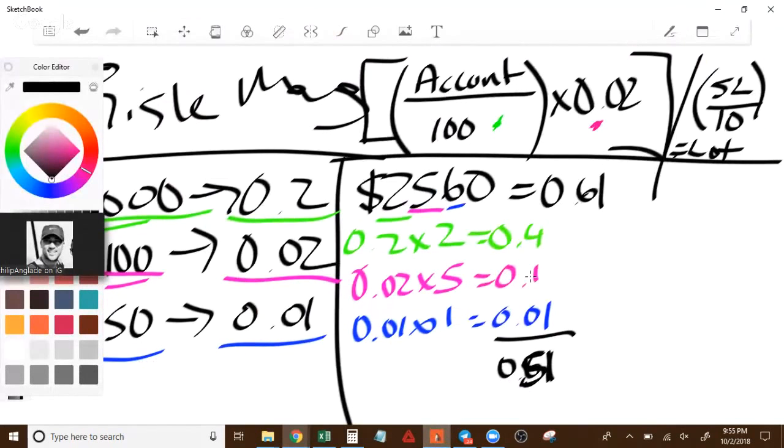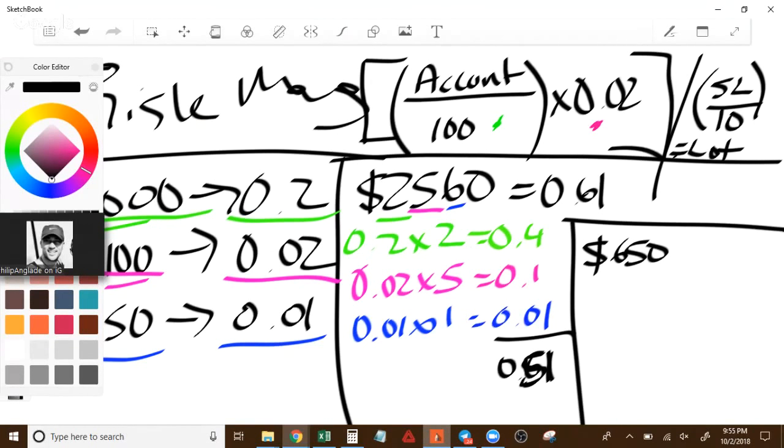I usually do a second example, but I don't have time. Let me just do it real quick. So let's say you had $650 in your account, right? So you're going to take that 100.